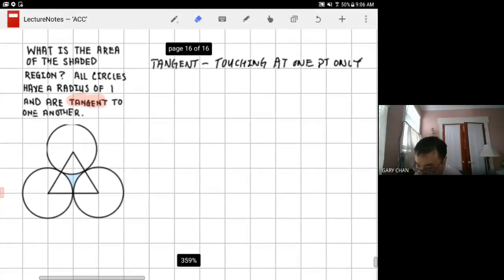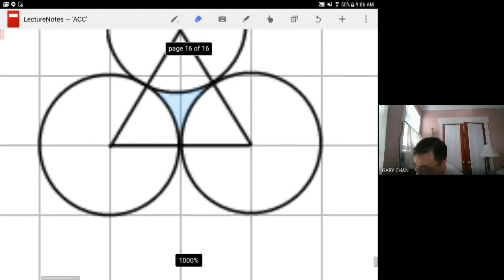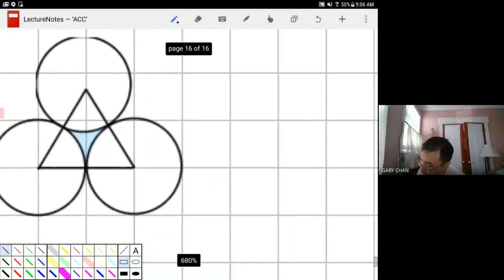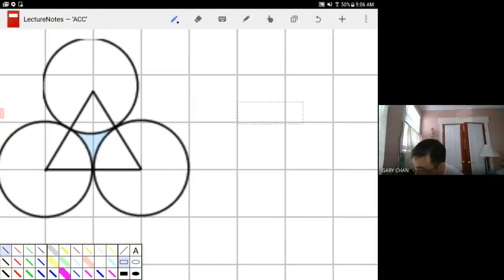All right. So with that said, the task here is to find the area of the shaded region, the region inside that triangle, which is also in between all three circles. When we find the area of things, they're usually in the form of straight lines. Finding the area of a rectangle is just base times height.